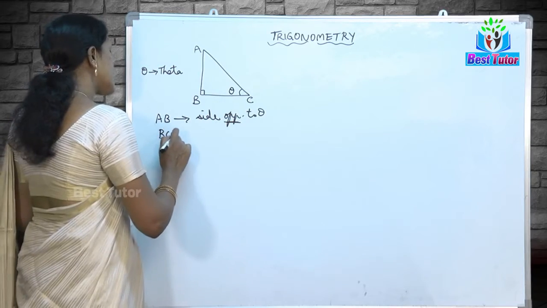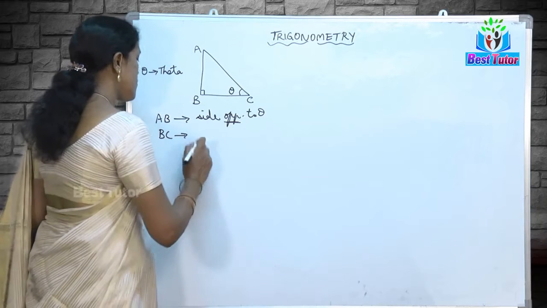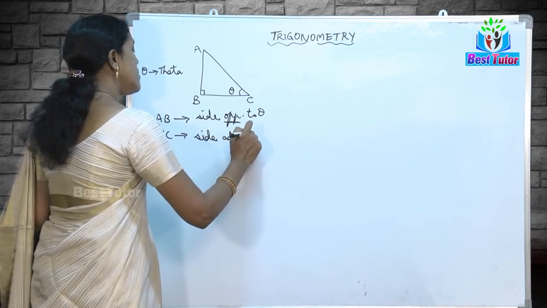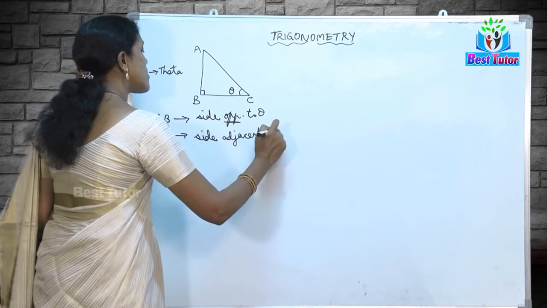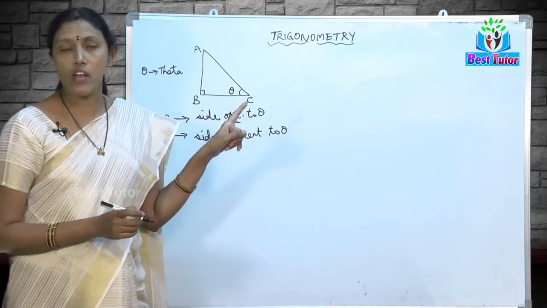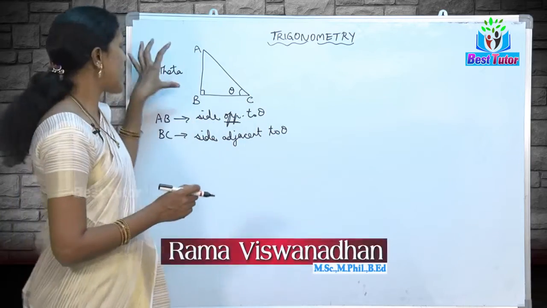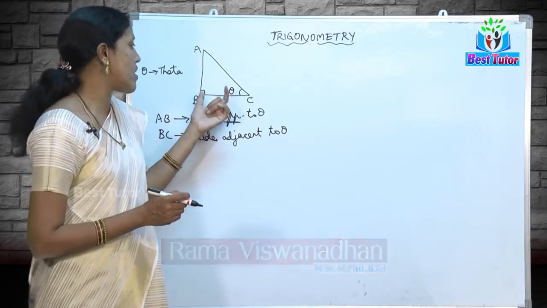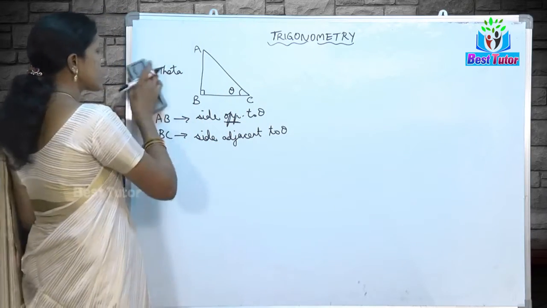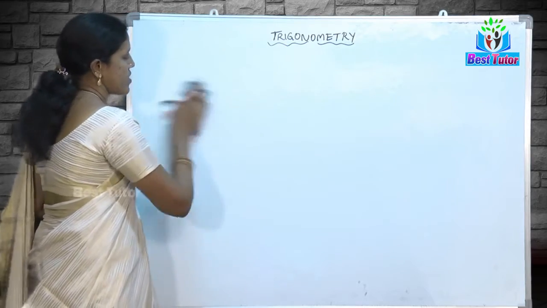Similarly, BC is the side adjacent to theta. So in this right angled triangle, with angle ACB as theta, the angle under consideration, AB is the side opposite to angle theta and BC is the side adjacent to angle theta. Now we have 6 basic trigonometrical ratios.